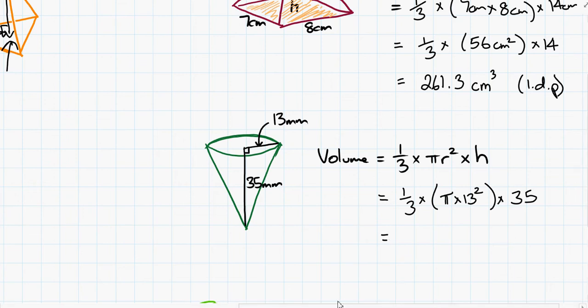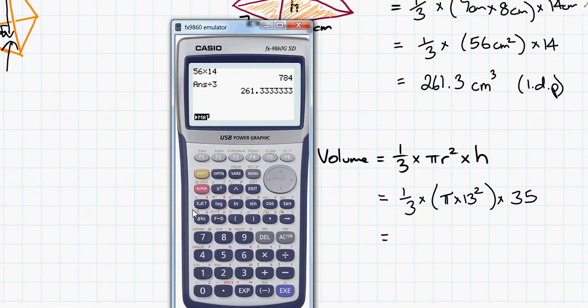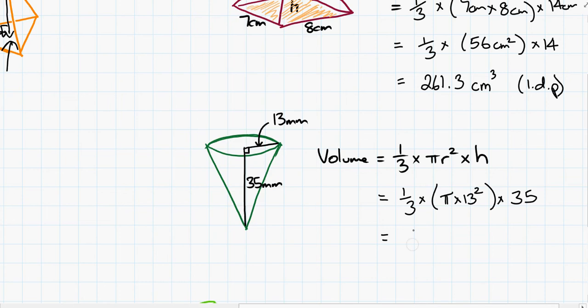So if I just do that area in brackets first, so shift and then the EXP button, times 13 squared, so use the x squared button. That gives me 530.93.